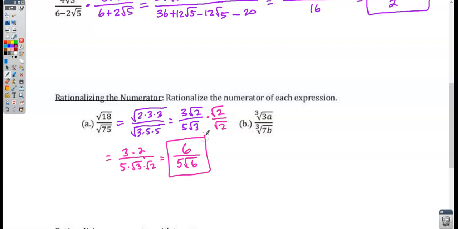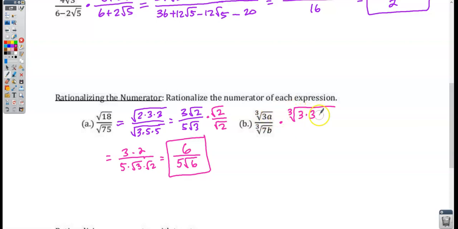Alright, next one. Part B, the third root of 3a over the third root of 7b. To rationalize my numerator here, I need to make my radical whole, and so I need 3 of each factor since this is a cube root. I've got one 3, so I need 2 more 3's to make that root come out evenly.